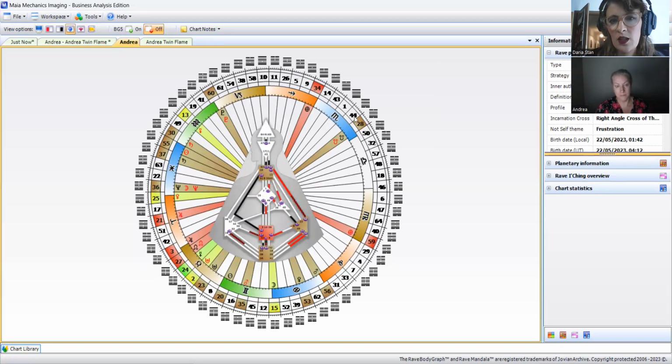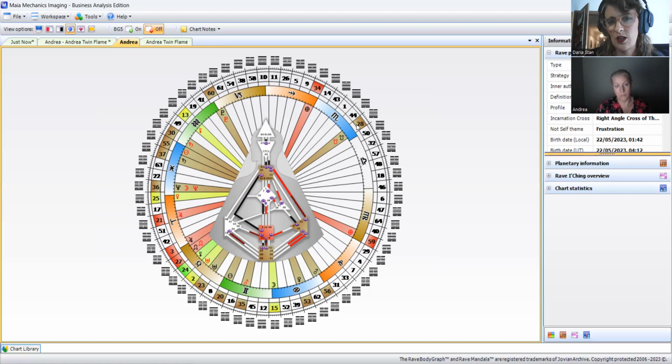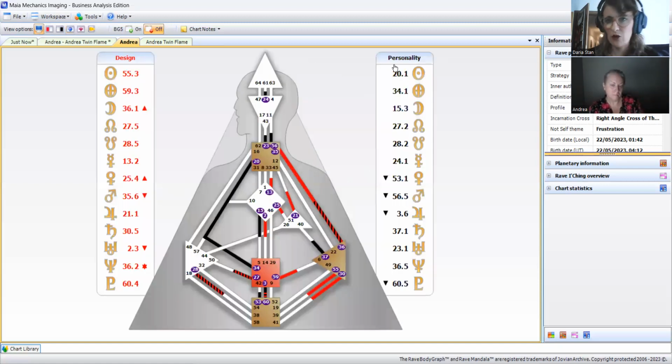And each zodiac line is basically divided into 5 gates. So it's a bit more specific where the placement of the planets are. And when I move back into the standard view, these are the positions of the planets according to their positions here. Okay. So that's where it comes from. That's where the numbers come from.